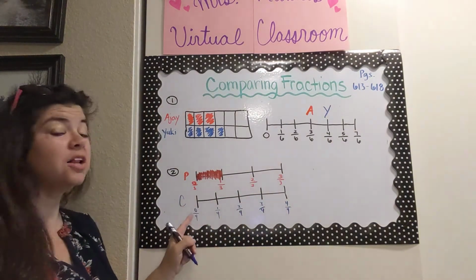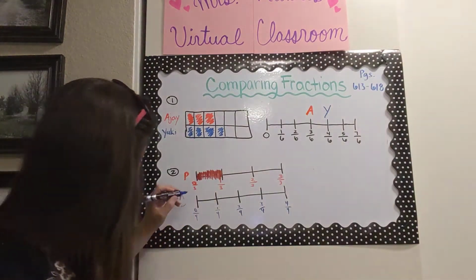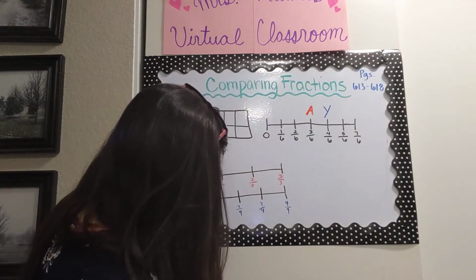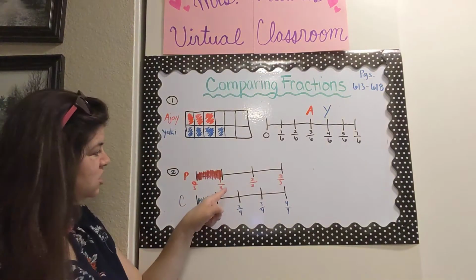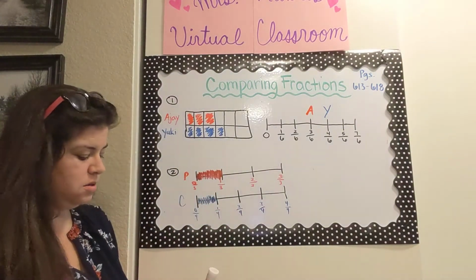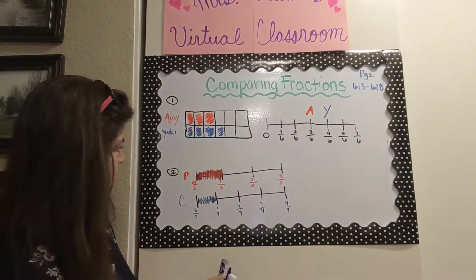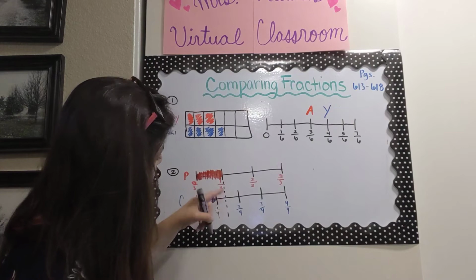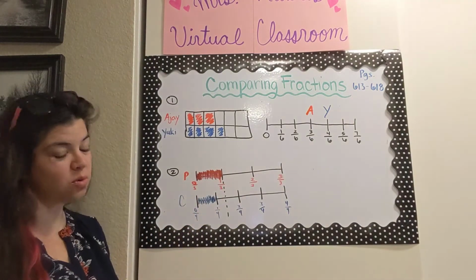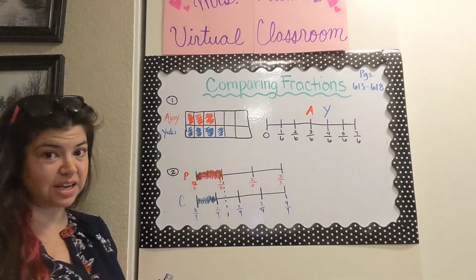And now I'm going to color in up to the 1/4 for Camille. As you can see, just slightly, Peter read just a little bit more of that book than Camille did.